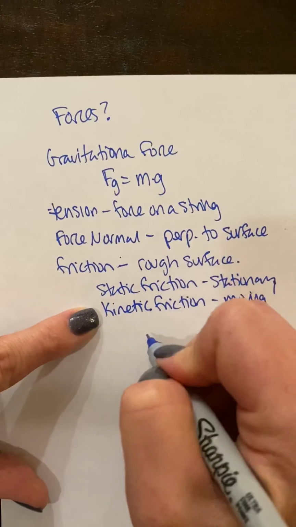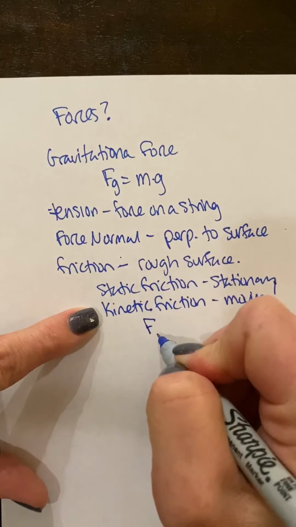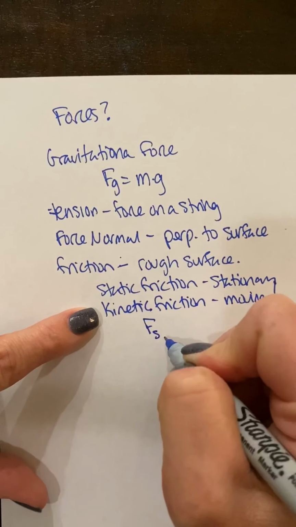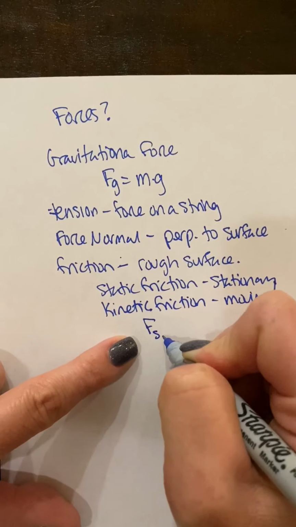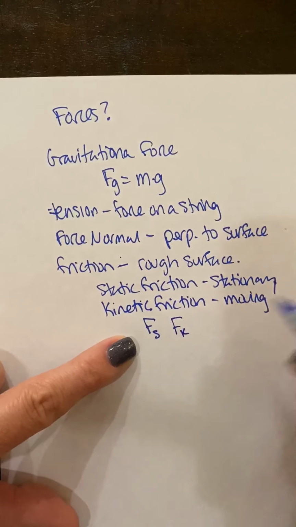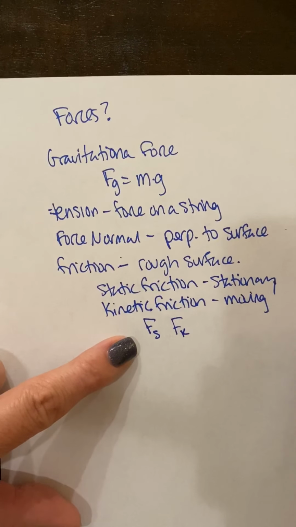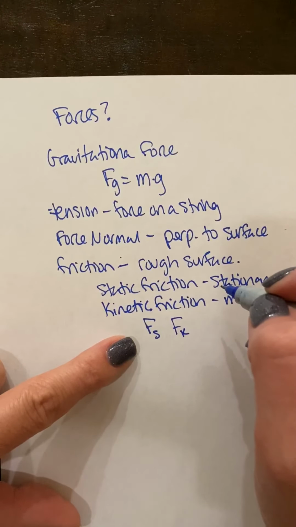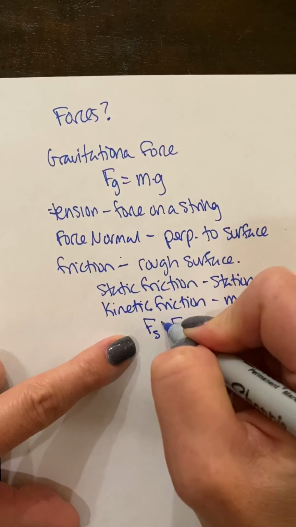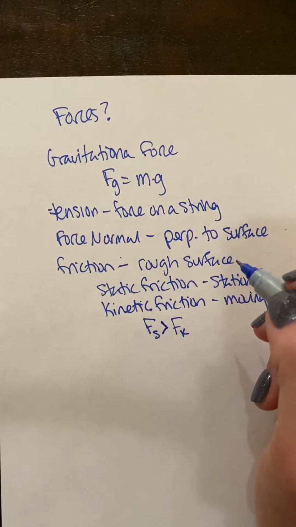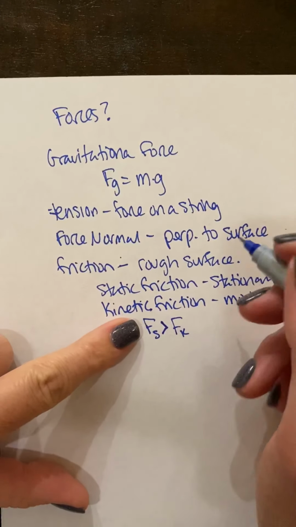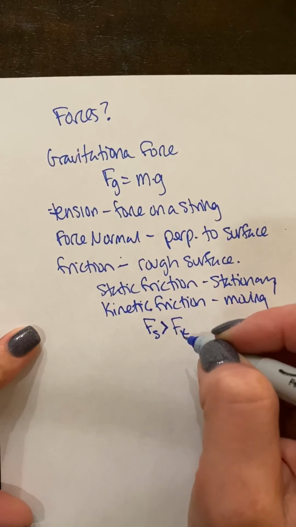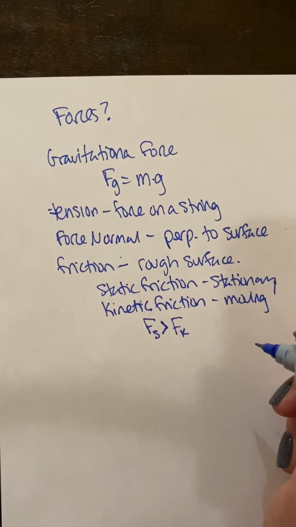And oftentimes it's identified as F sub S for static friction, F sub K for kinetic friction, and it will take you more force to get you moving because of your inertia. So most of the time your static frictional force is going to be greater than your kinetic frictional force, or your coefficient of friction, I should say.